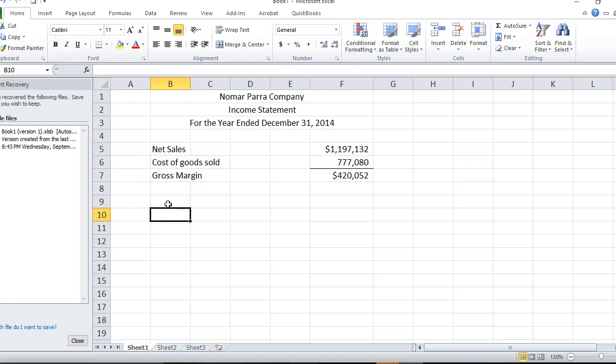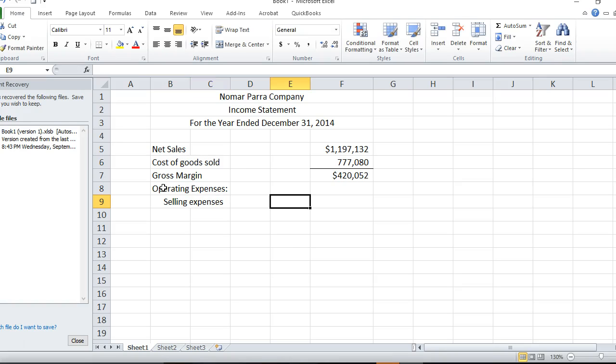What's the next thing then that we're going to have in our multi-step income statement? We're going to have operating expenses. So we're going to key in operating expenses, and we've got two types. What's the first one? Selling expenses.